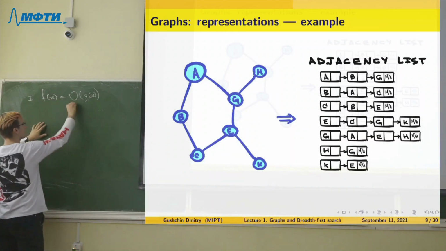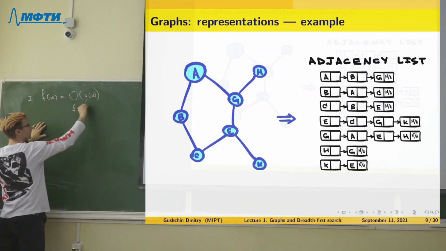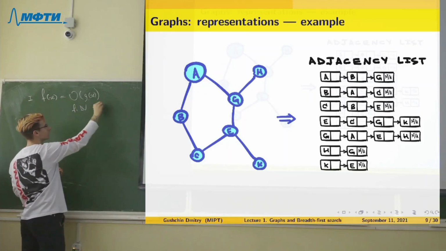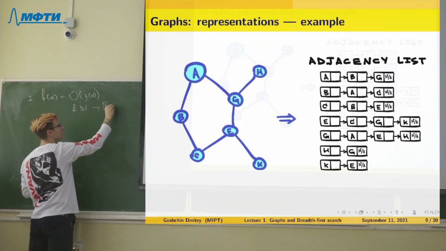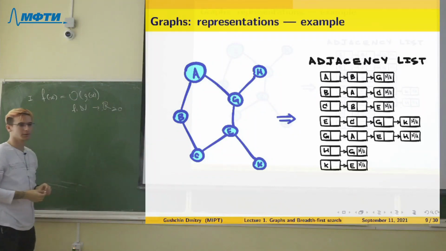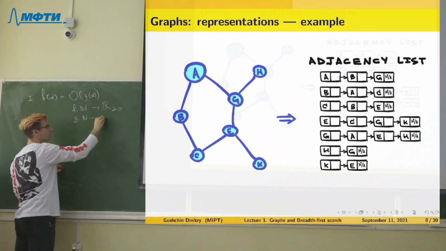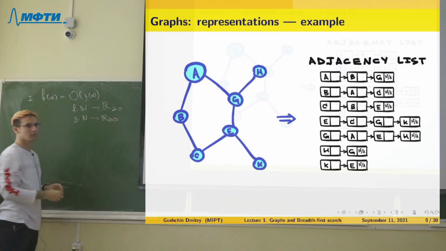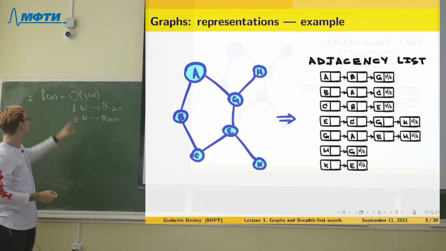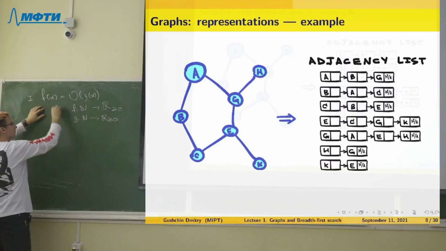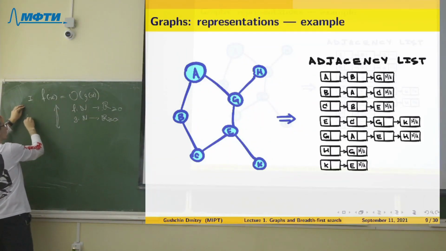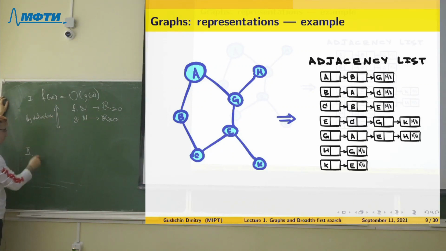F and g, for example, are some functions from natural numbers to positive real numbers. What is it? By definition, of course. Or have you faced this notation?